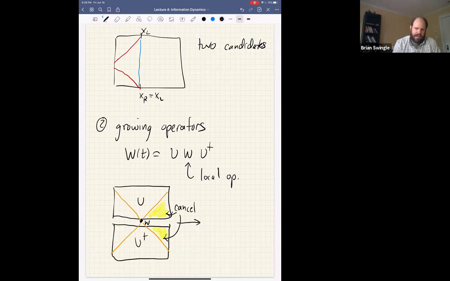So those cancel out, and what we're left with is a picture like this, where in this region it's the identity.